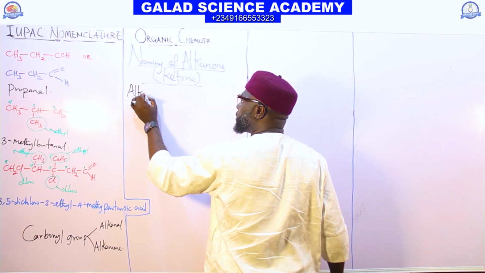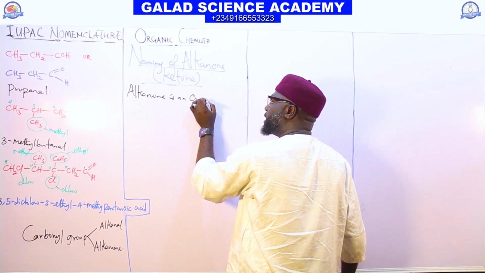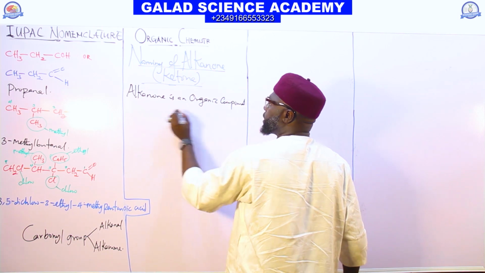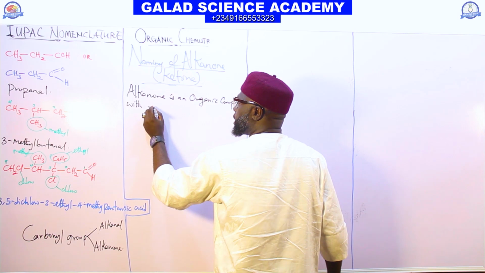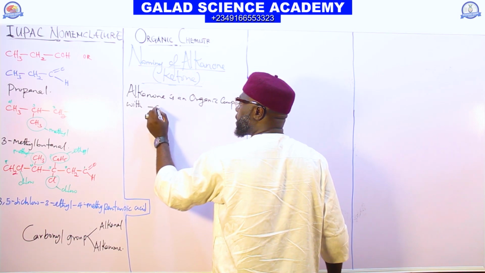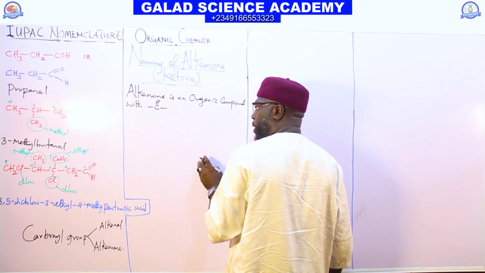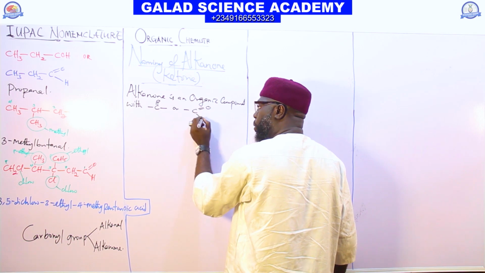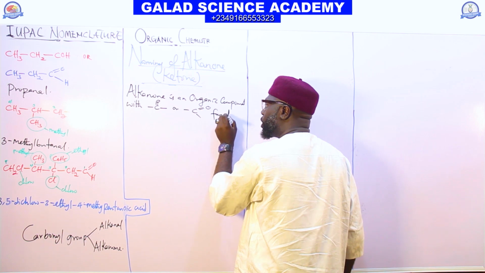So alkanone is an organic compound with the C=O bond functional group.